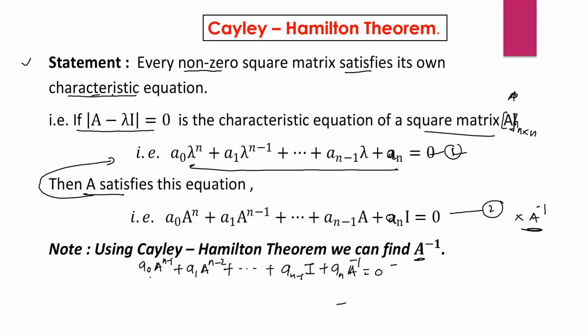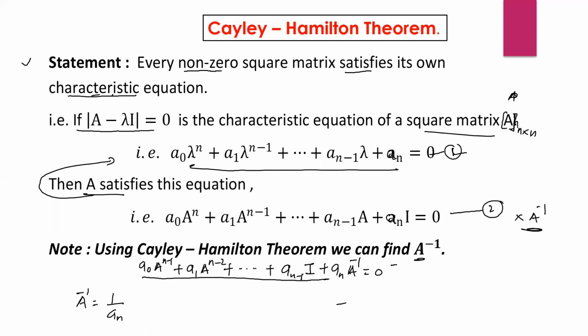Okay. Now put these terms on the right hand side. So every term is negative, and simply a suffix n A inverse is remaining, and we want the A inverse. So the coefficient is divided to the right hand side. That is, the simplified term is A inverse is equal to the coefficient divided.